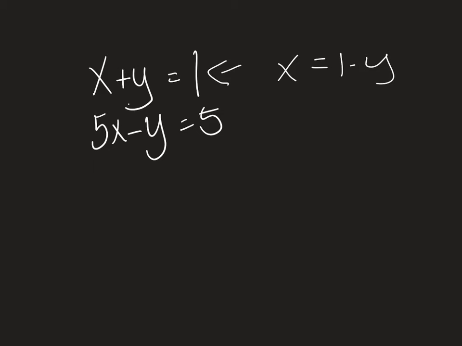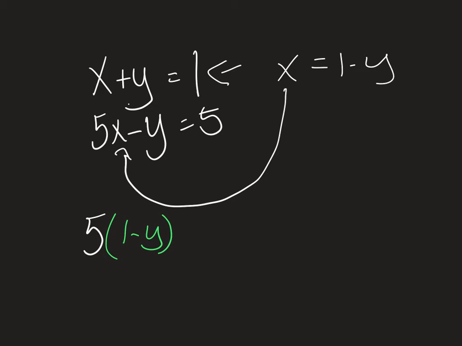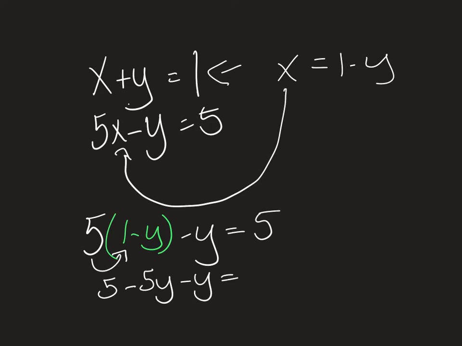Or negative y plus 1 would be the same thing, but we're going to leave it as is. Then I'm going to substitute this x in, which tells me I'm going to go 5 times 1 minus y minus y equals 5. 5 times 1 is 5 minus 5y minus y equals 5.